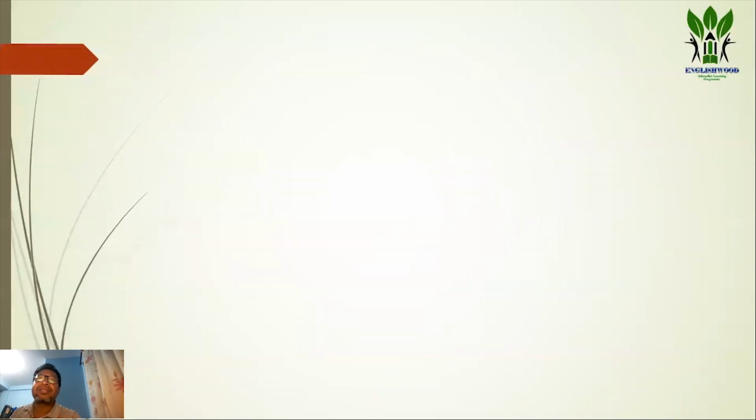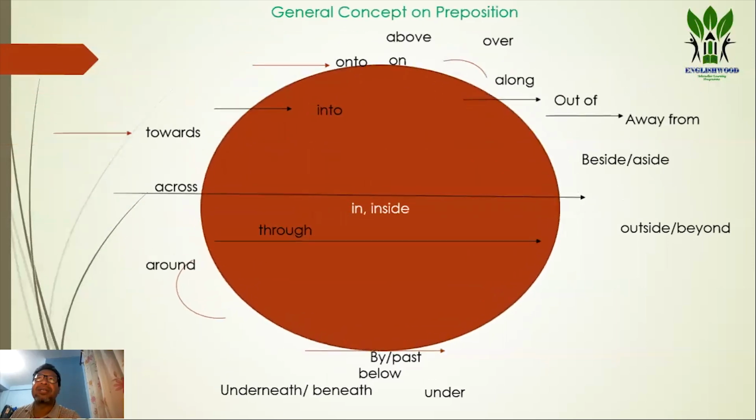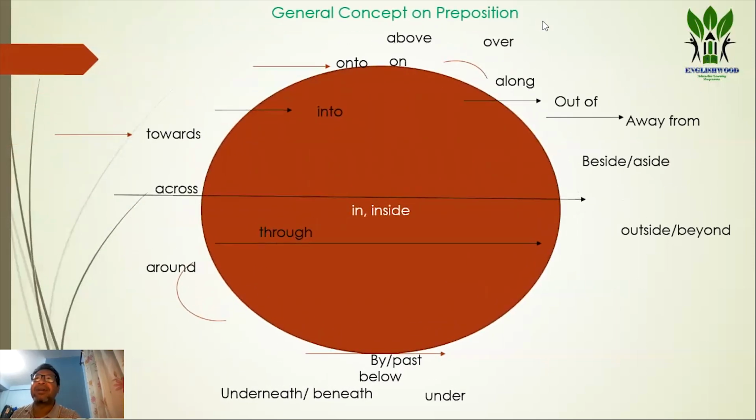Now let's discuss more about the general concept of prepositions. Consider a hanging ball, which is hollow inside also. Then we can review the different kinds of simple prepositions that can be used in reference to this ball.